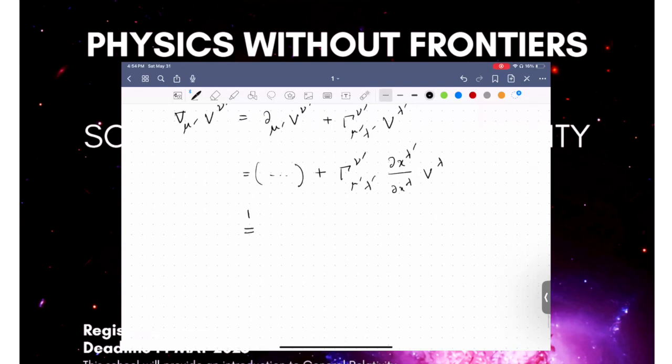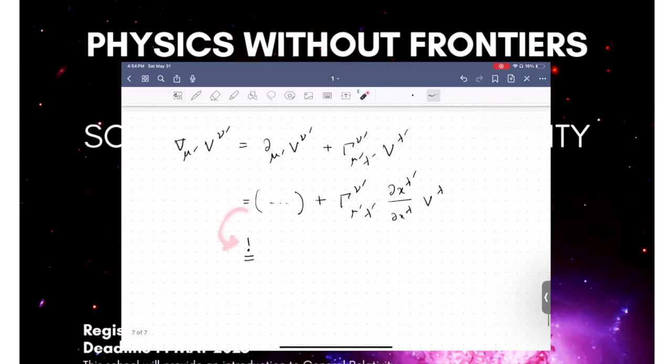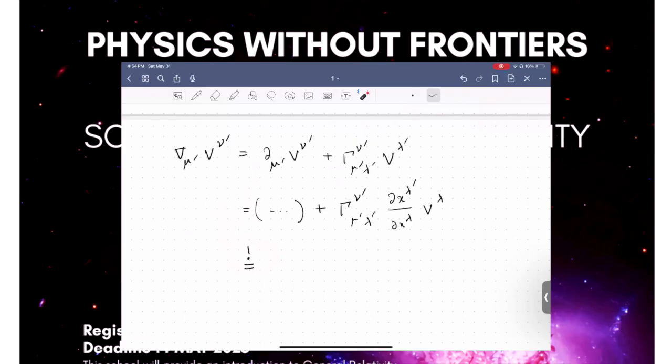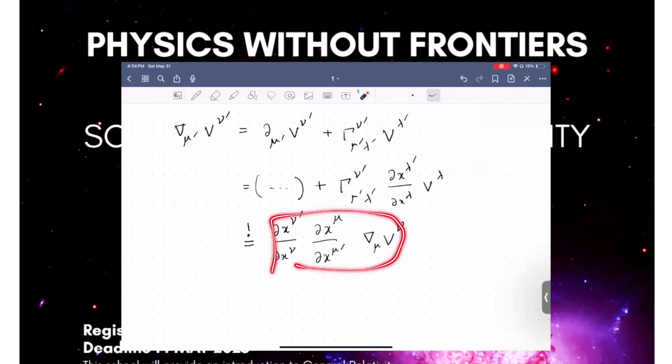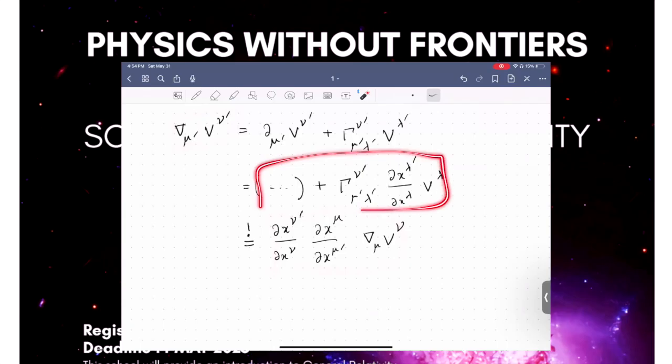Now we impose. So this means that this equality does not follow from here, but rather we want it to be equal to this expression, because this is how a tensor should transform, right? And we have an explicit formula for this, and we have an explicit formula for this.